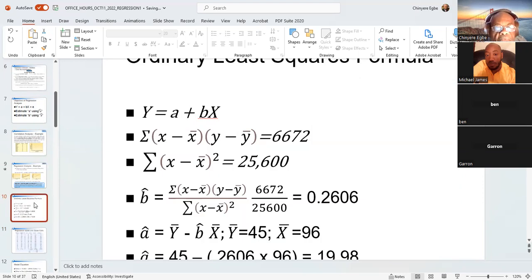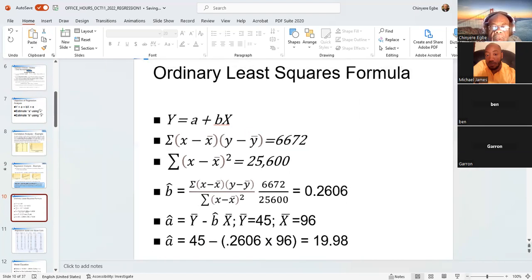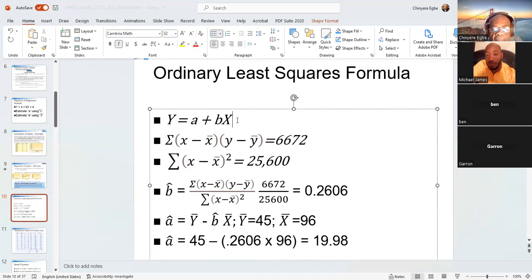Okay, so we use this equation, the ordinary least squares formula, okay? Now, in order to estimate the equation y is equal to a plus bx plus e, we have to transform the data, okay?